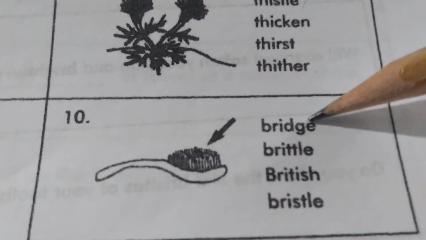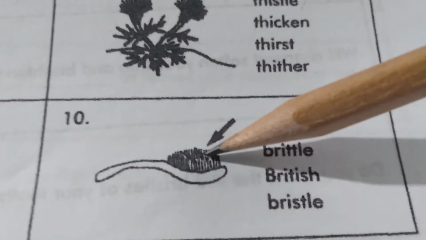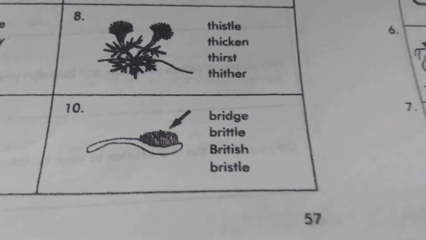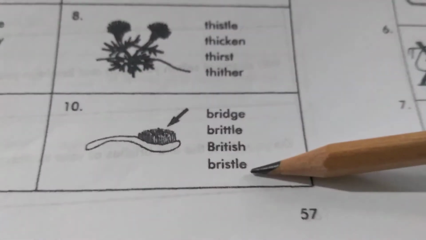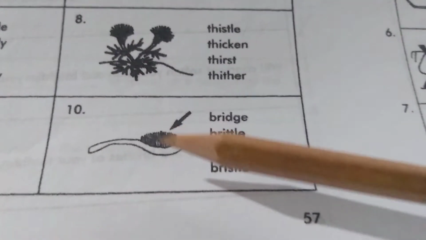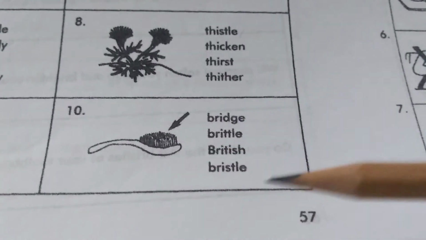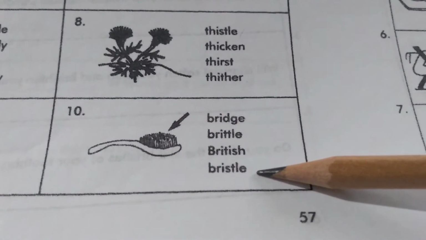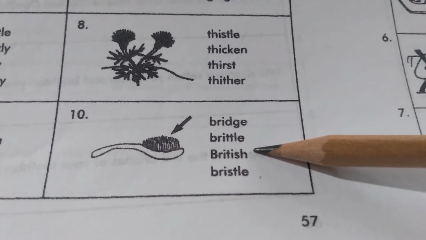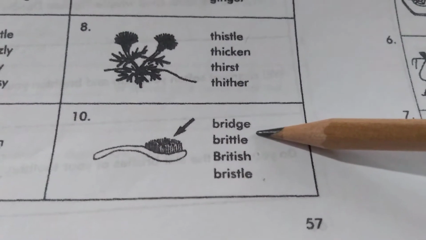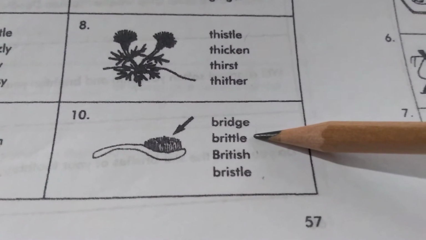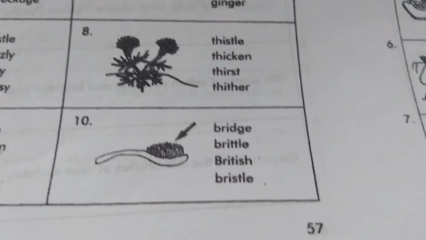What about this one? What do you call the things in the brush? Those are called bristle, right? Bristle. Sometimes the dog, when he's angry, his hair will bristle. Bristle, British, brittle, easy to break, it's brittle, and bridge.